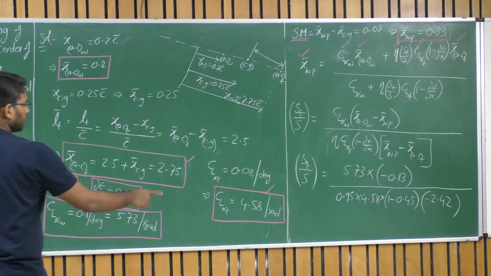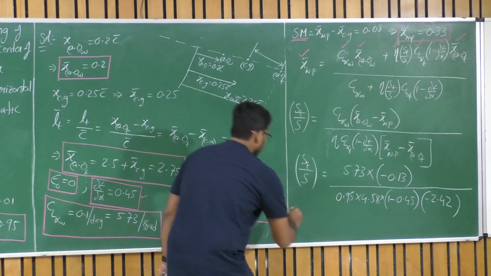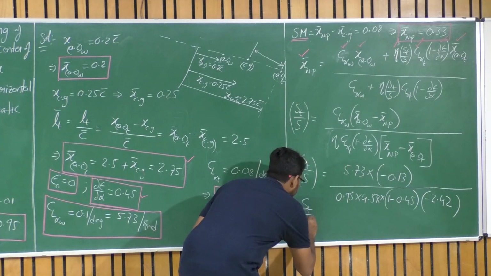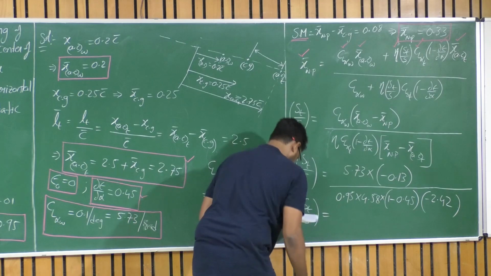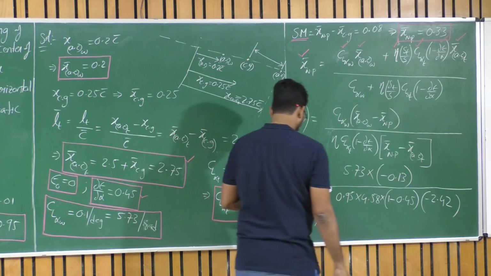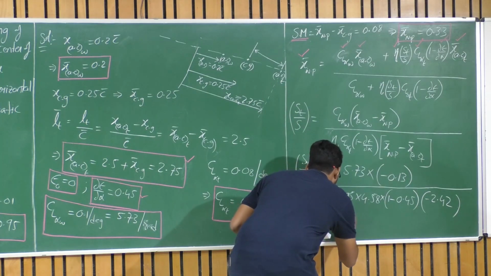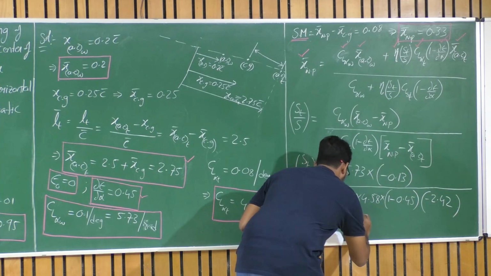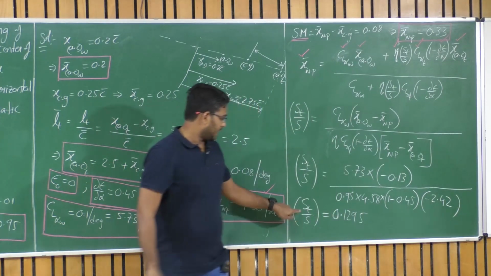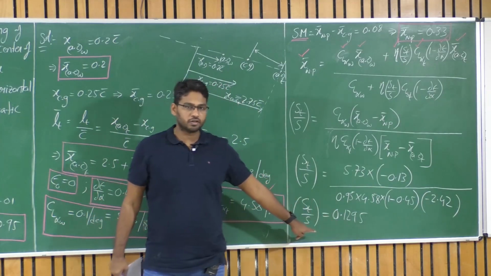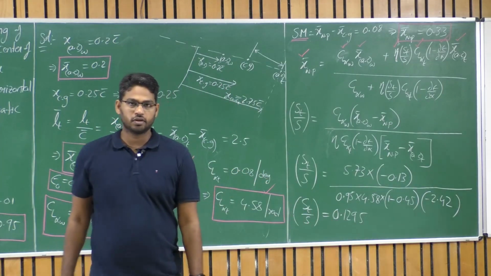So can you quickly solve this? So what I have is St upon S equals 0.1295, which means St is close to 13% of S, right?